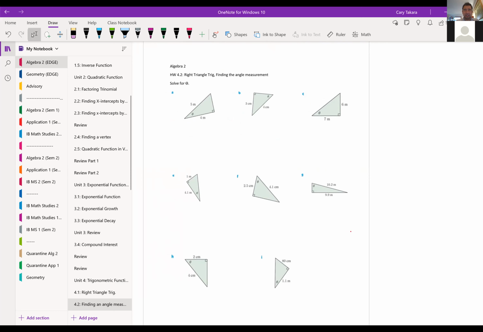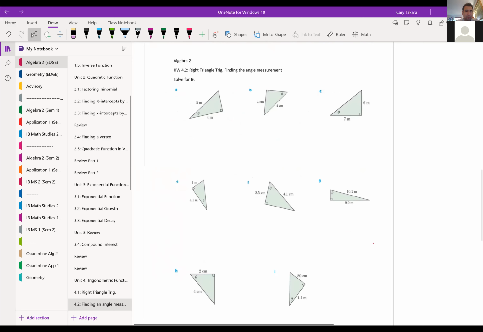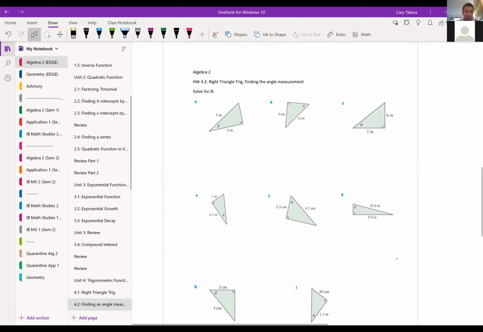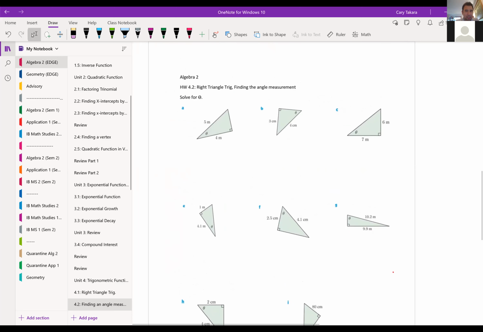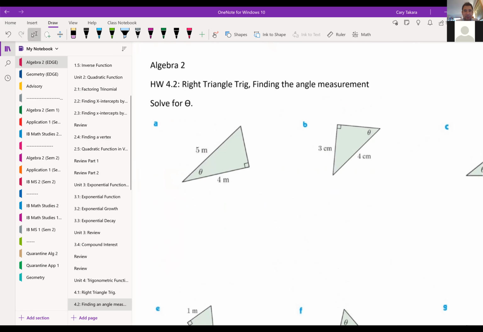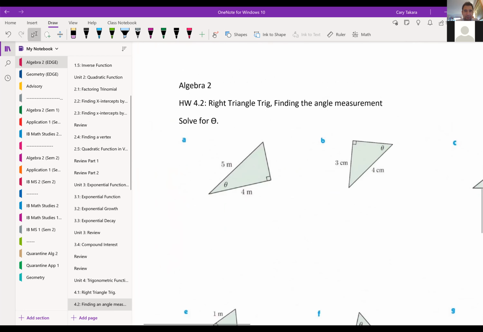I think you guys can go through this very quickly, but I've got 8 problems of finding the angle measurement. If you feel comfortable working out those problems by yourself, just please keep going, and then that will be it for today, okay? But if you want to go along with me, then please be ready.